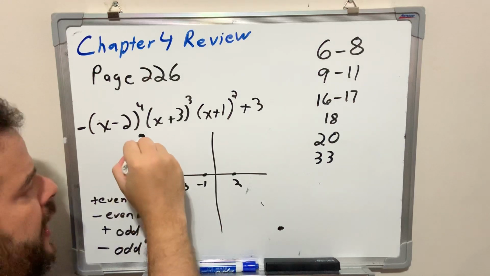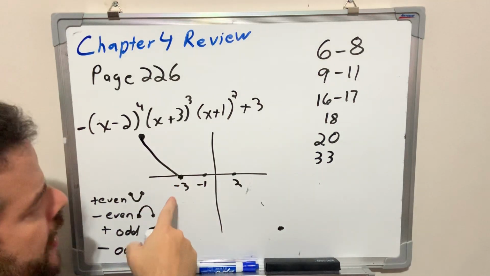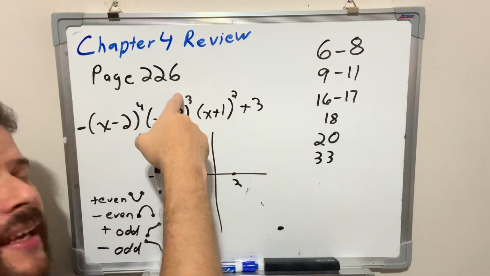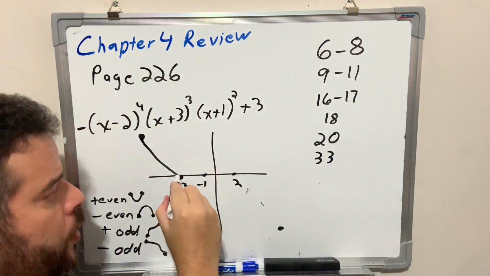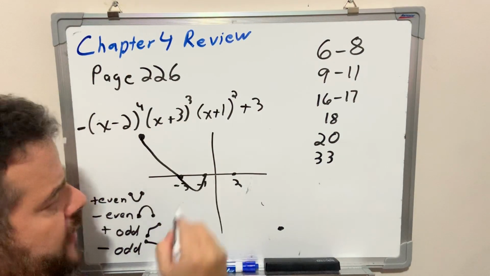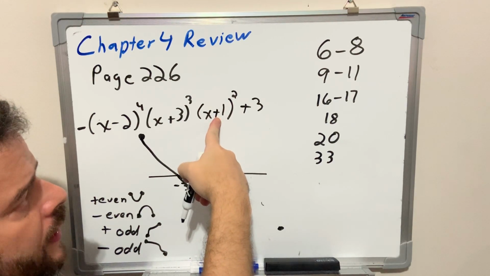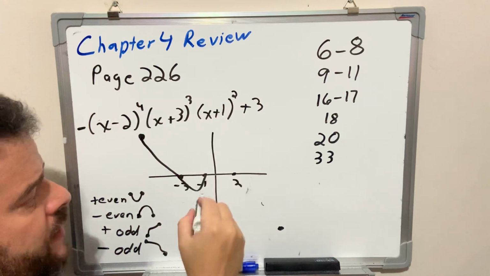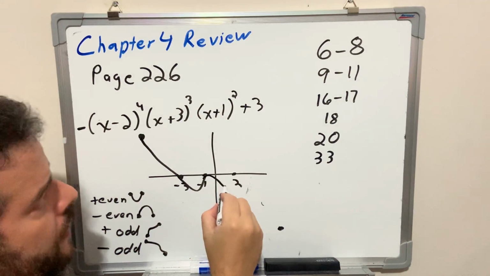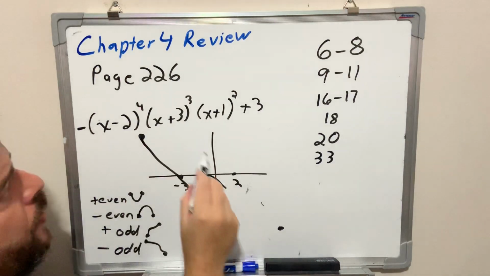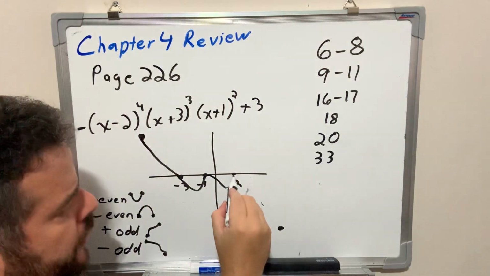So again, I connect the first dot. Now I see my 3 is this one. It's an odd, so it goes through and I connect the dot. My 1 is even, so it's going to bounce. And my 2 is also even, so it's going to bounce.